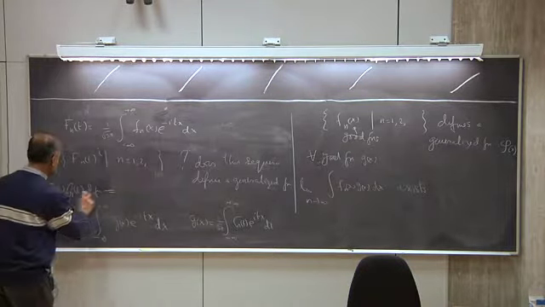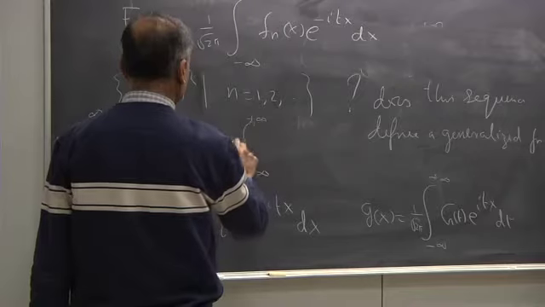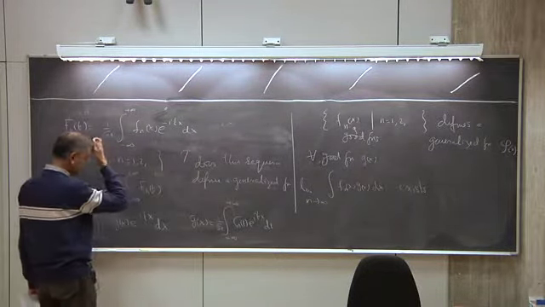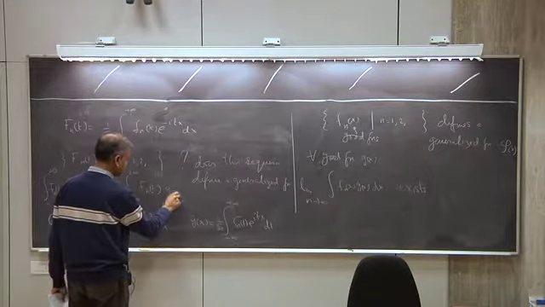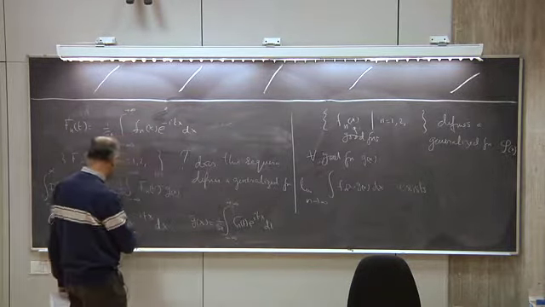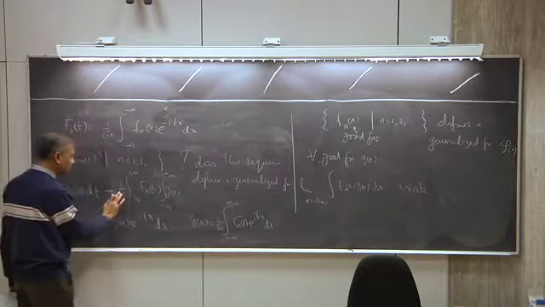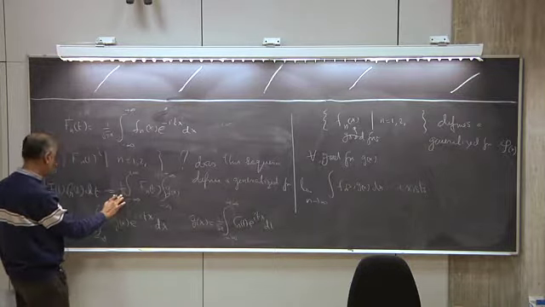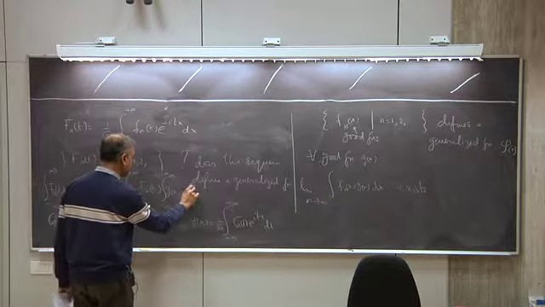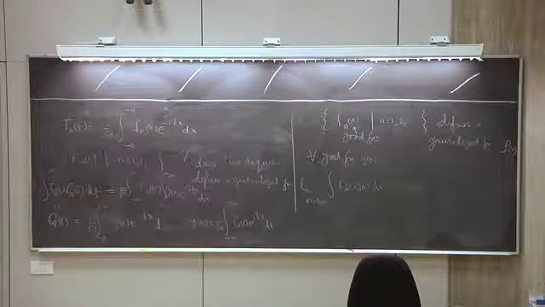Okay. So, now let us substitute this expression for g of t there. So, you find that this is the same as the integral from minus infinity to plus infinity, there is a 1 over root 2 pi f_n(t), and g(x). There is another integral, minus infinity to plus infinity, with another 1 over root 2 pi, and then you have e to the minus i t x dx.